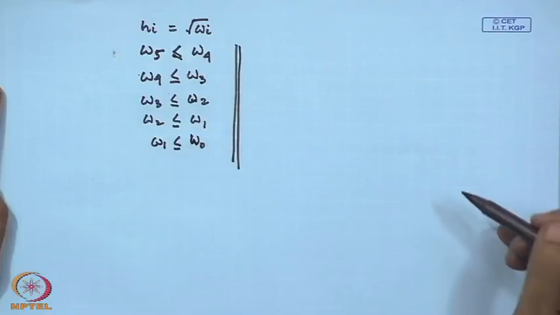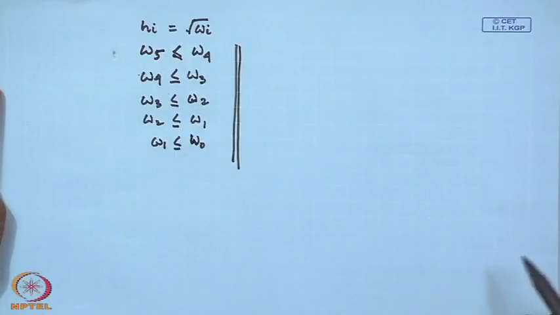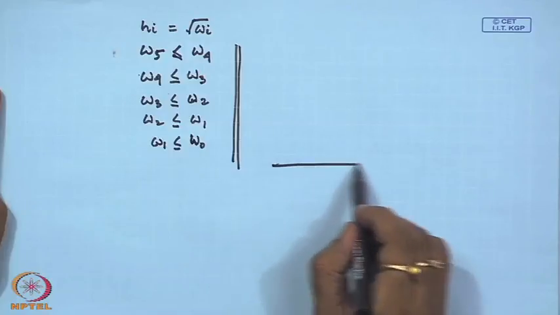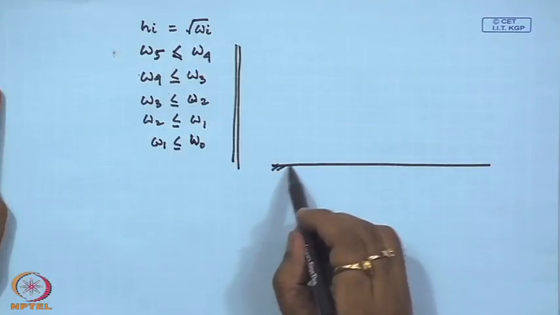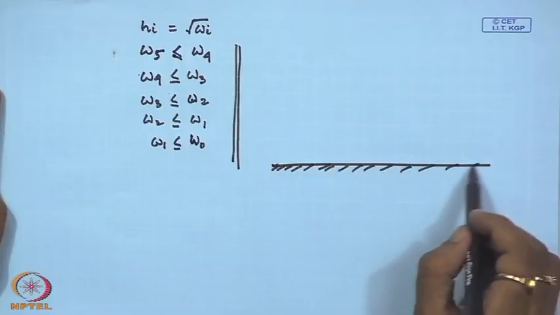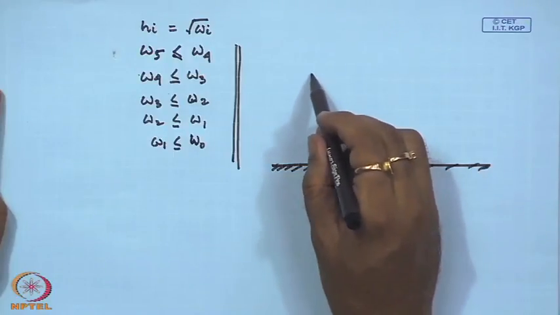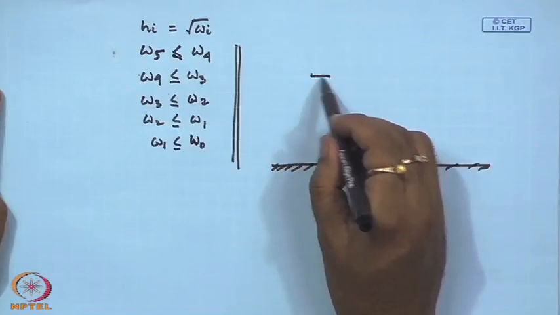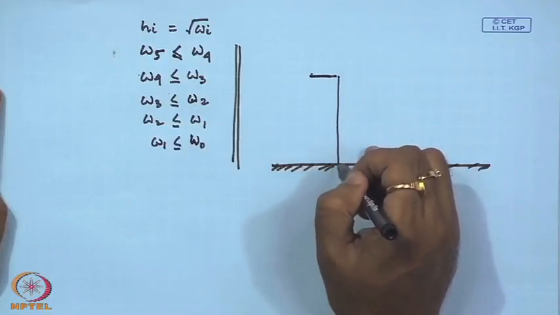Like our previous confined aquifer problem, we can set another problem where this is the impervious datum, and we have 4 wells.